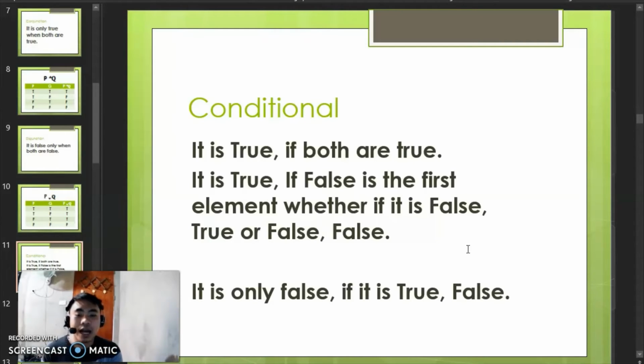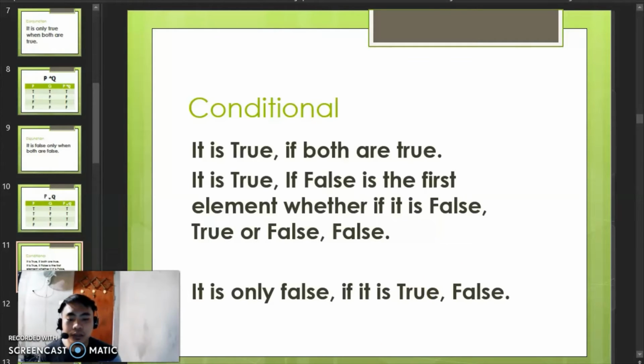Ulit, saka po tayo makakakuha ng sagot na true kapag parehas ang element ay true, nauna ang false kaysa sa true, o kaya parehas silang false. At saka lang po tayo makakakuha ng sagot na false kapag nauna po ang true, sunod po ang false.